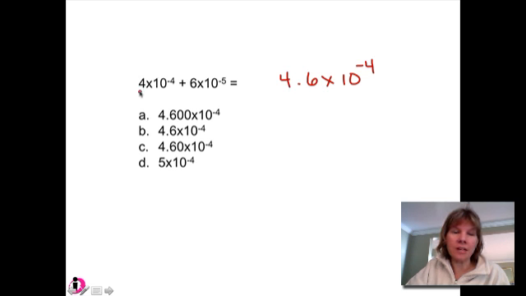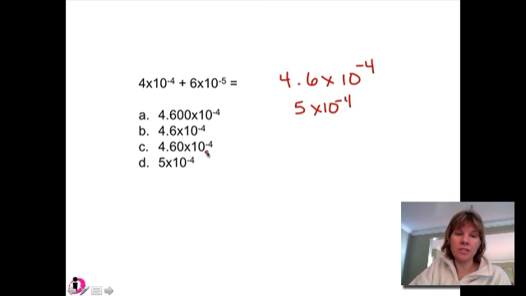We go to our least accurate measurement. This is only accurate to a part in 10 to the 4. This is more accurate. This is parts in 10 to the minus 5. So what we have to do is to round this off only to the 10 to the minus 4. So this rounds off to 5 times 10 to the minus 4, which is indeed one of our choices here.